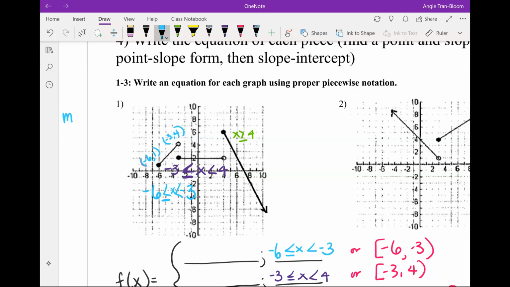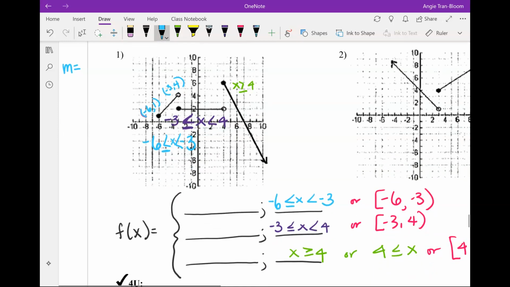Dahlia, what is the formula of the slope? Perfect. y2 minus y1 over x2 minus x1. So m equals, Maggie, what's y2? y2 is 4. Good. And then Naomi, what's y1? Good. All over.